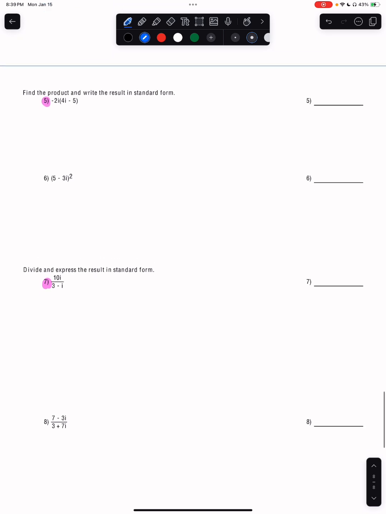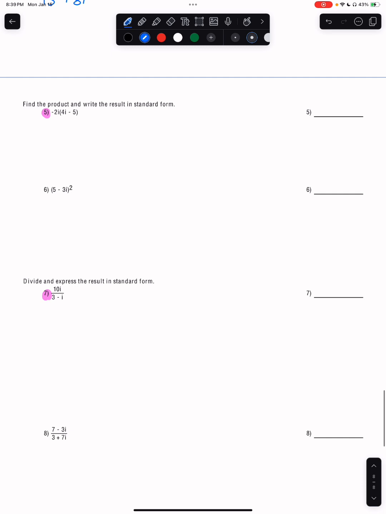Next, find the product and write the results in standard form. To do that, we're just going to distribute, multiply this -2i into both these terms, which will give us -8i squared plus 10i.